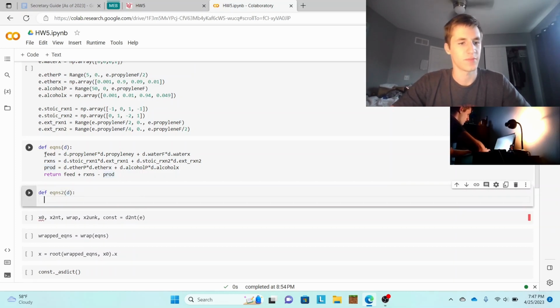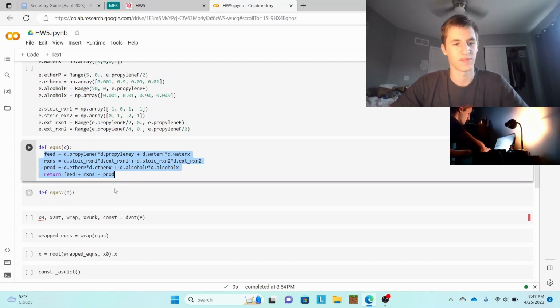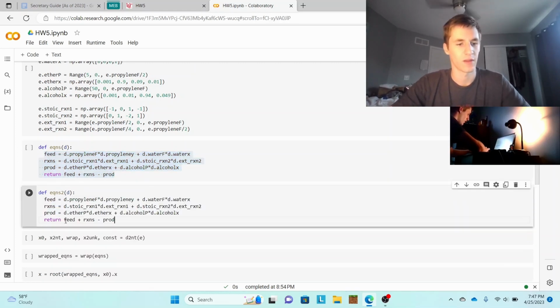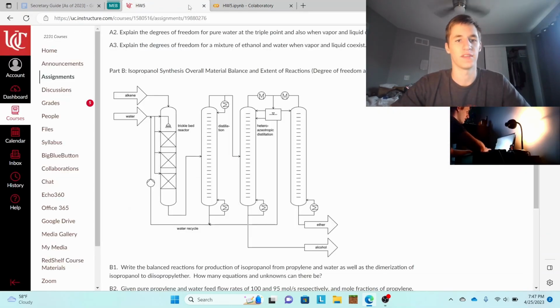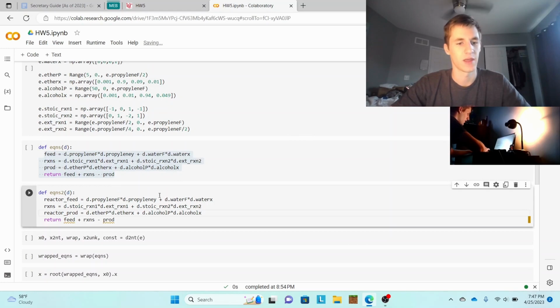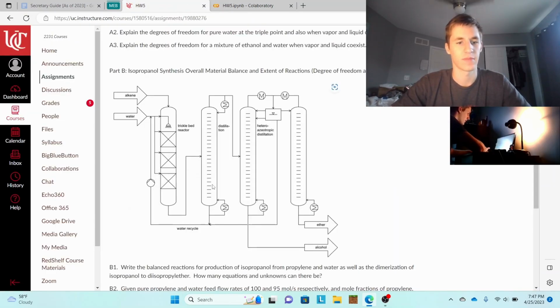And this first part is going to be similar to before. I'm going to now change this to reactor feed and reactor product, because we're now dealing with the distillation and azeotropic distillation as well. So now if we look at our reactor feed, right, we have our alkene feed and our water feed, as well as this recycled water.